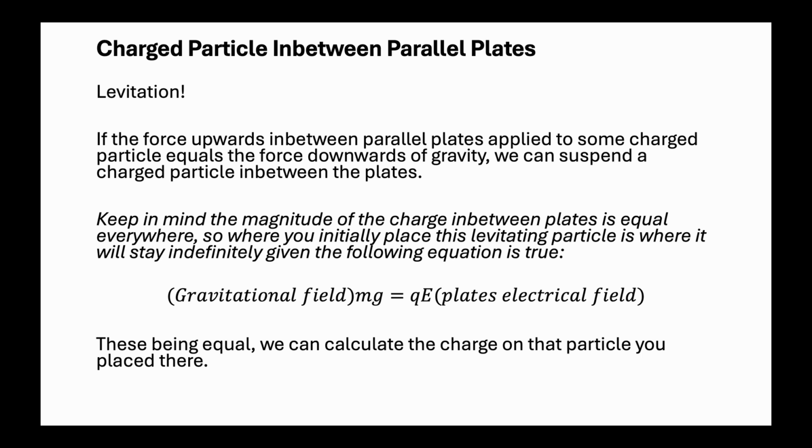If we know the mass of the particle and the intensity of the electrical field, which is essentially just going to be the structure of the two plates, then we can calculate the charge of the particle we have. So we can use this to find excess charge on a big object like a pith ball or an individual electron, and that's even easier because we know the exact mass of an electron at all times. It doesn't change. It's basically just a solve for the unknown if you ever encounter this in a test.